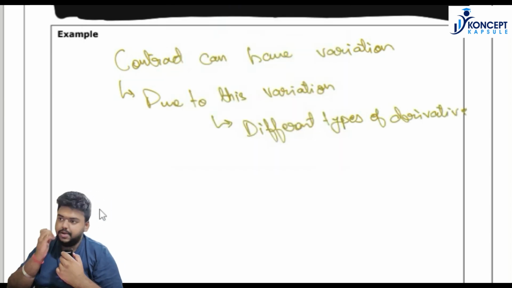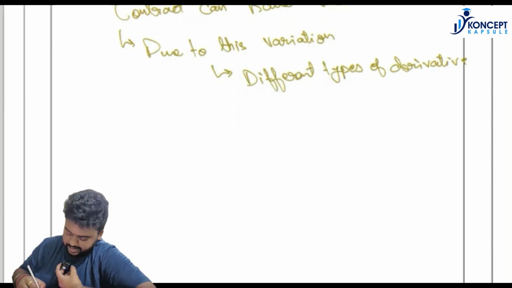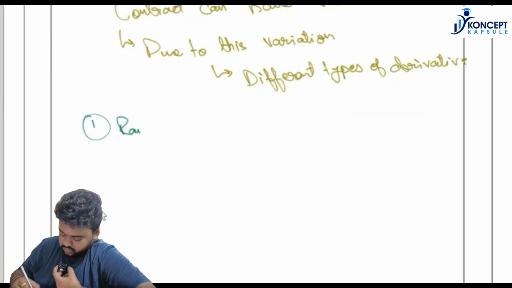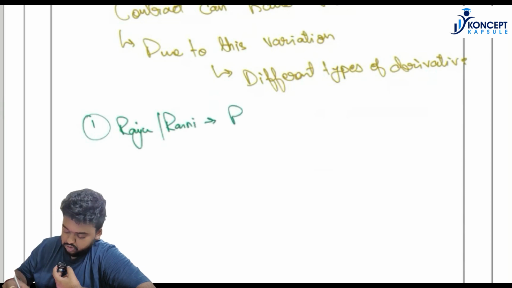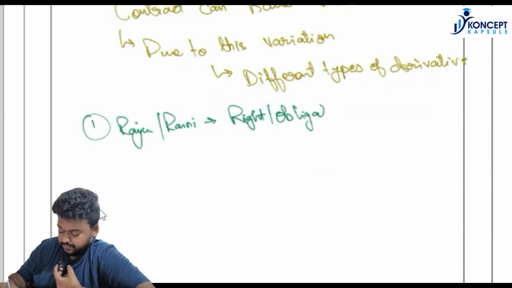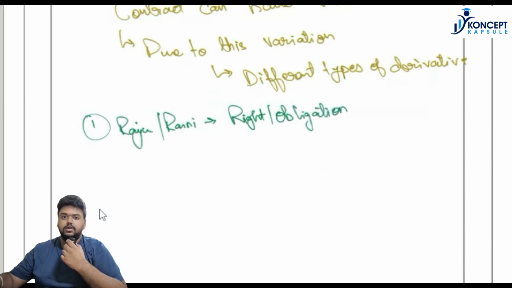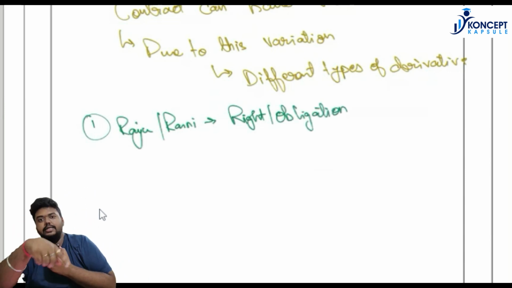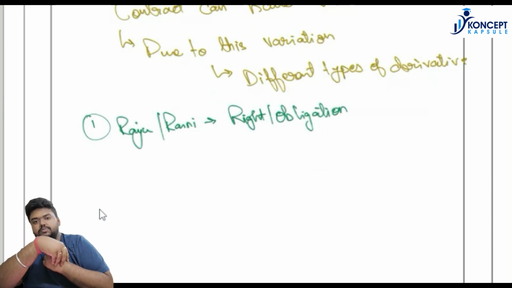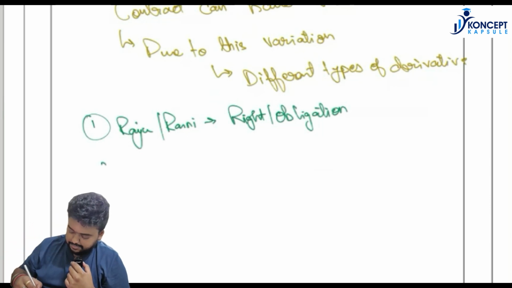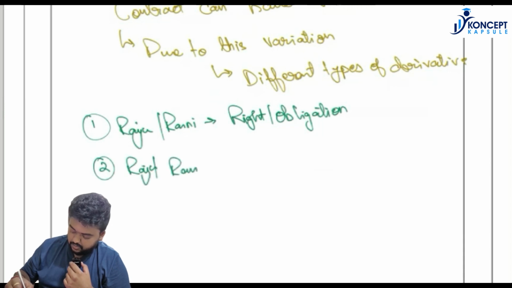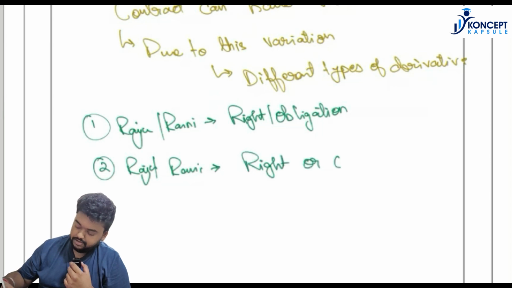Let us look at it one by one. In this contract, both Raju and Rani had both right and obligation. Why? Because Raju had the right to buy the gold as well as the obligation to buy the gold. Correct? There can be another variation where Raju or Rani only have the right or only have the obligation.